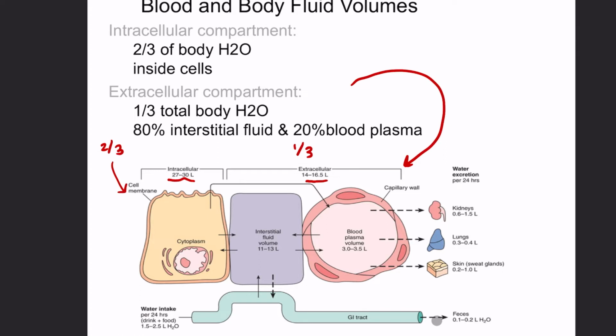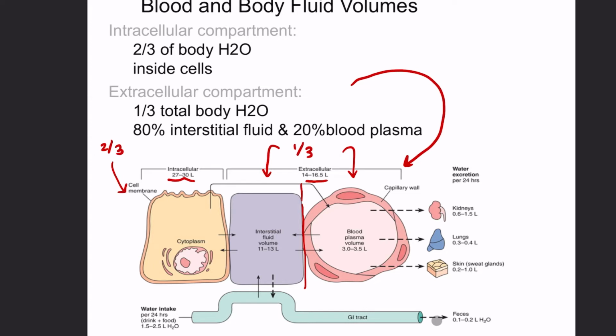And extracellular fluid is actually broken into two parts because we have our blood plasma, and then we also have our interstitial fluid. Interstitial fluid just means the fluid outside of the cells. And we're going to talk more about what that interstitial fluid is.